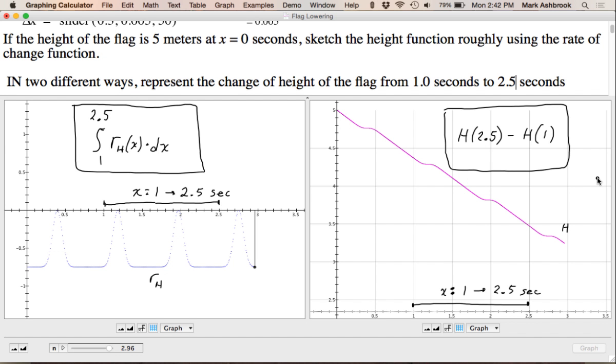How can I represent that change on this graph over here visually? How could I show some kind of visualization that denotes this amount of change?